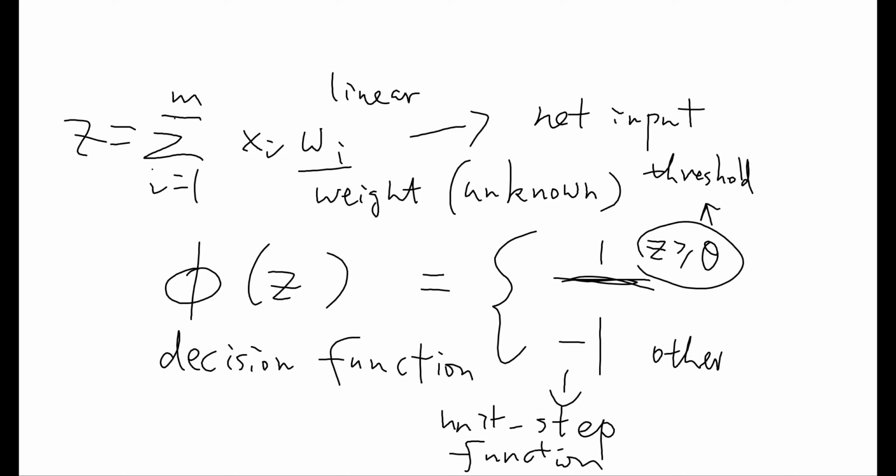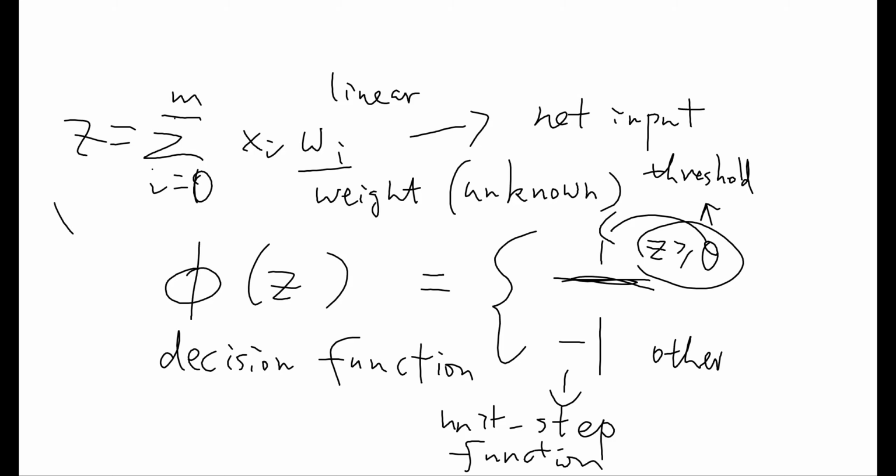Then later on, we said we can also move this threshold to the left side of the net input. Then we update it to sum over i from 0 to n.